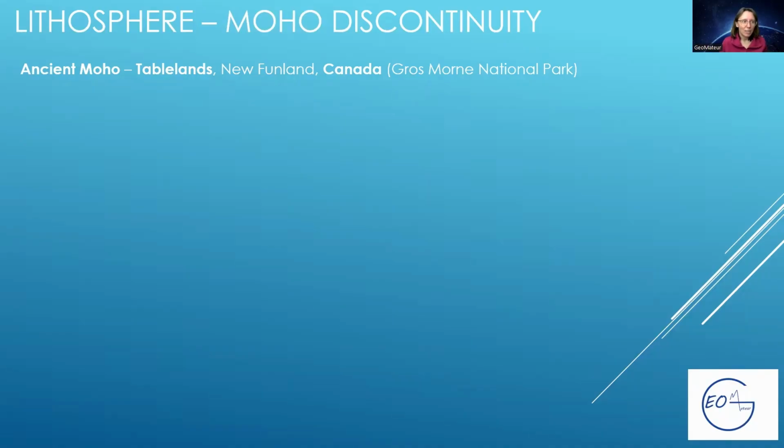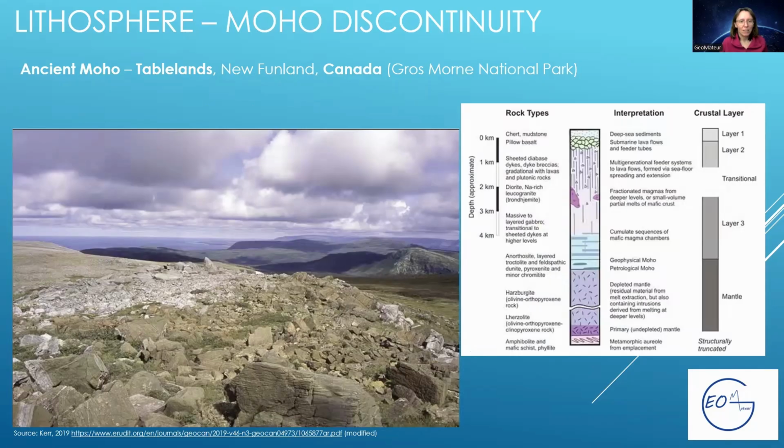And you can observe that the Moho discontinuity in this area is between gabbro, you see the pale gray gabbro, and mafic and ultramafic rocks, and the border between them.